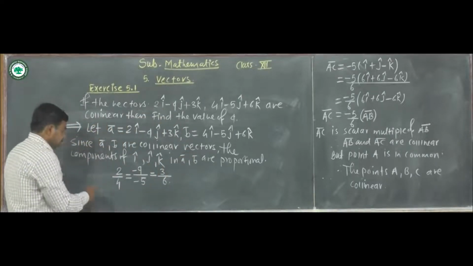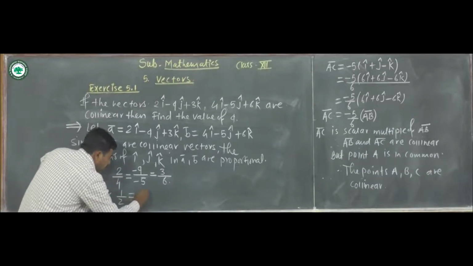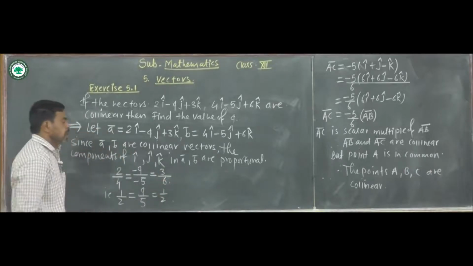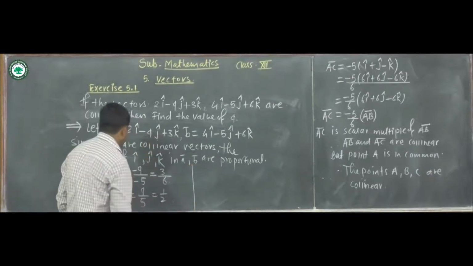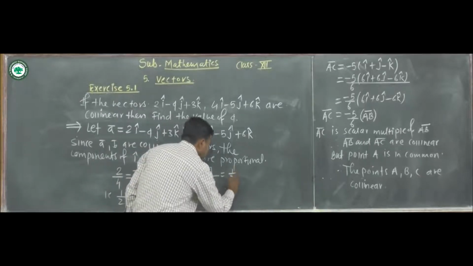So that is 2 by 4, 1 by 2, is equal to q by 5, is equal to 1 by 2.